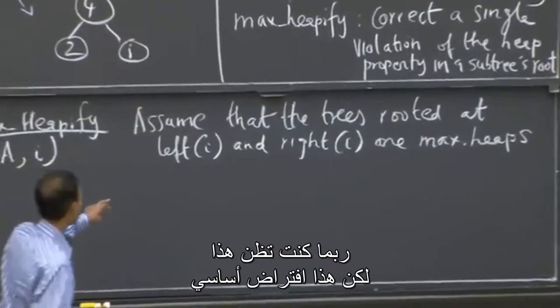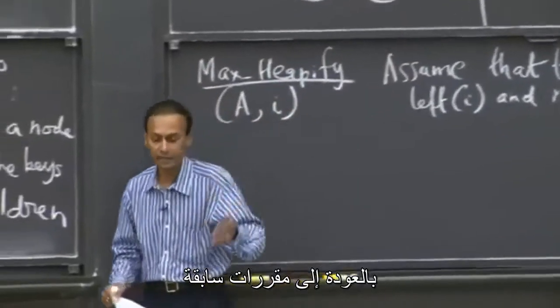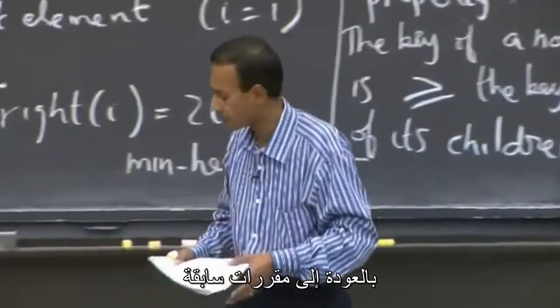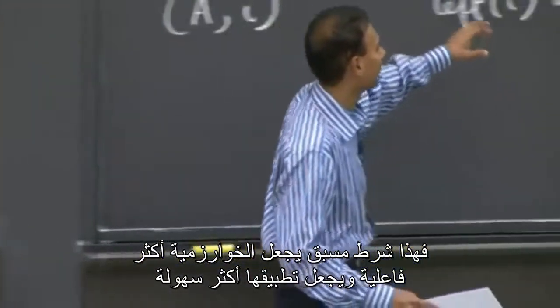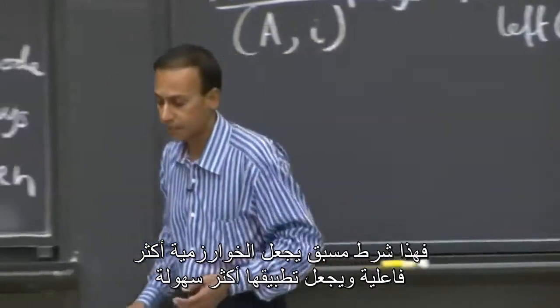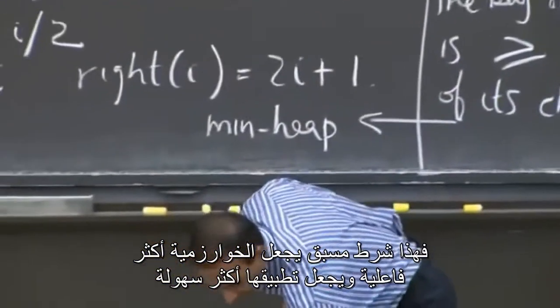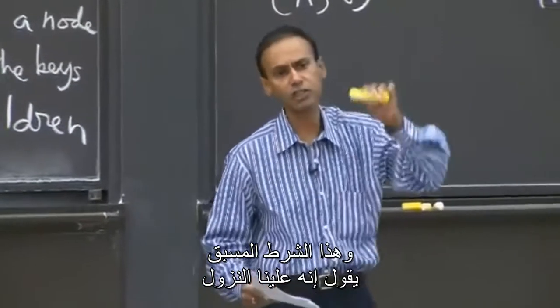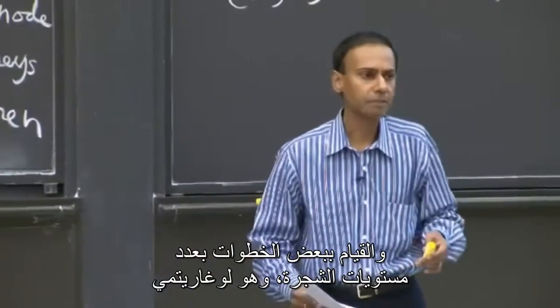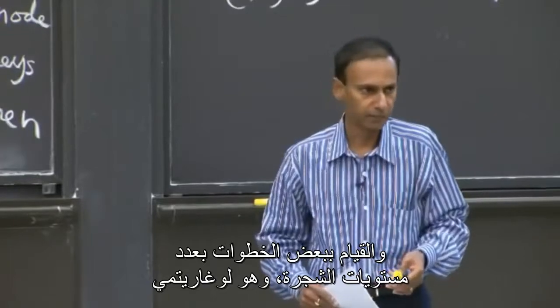But this is a key assumption. Going back, and I like making connections between classes, this is a precondition that makes the algorithm more efficient and makes the implementation easier. This precondition essentially says that you have to just go down and do a number of steps. That's the number of levels in the tree, which is logarithmic.